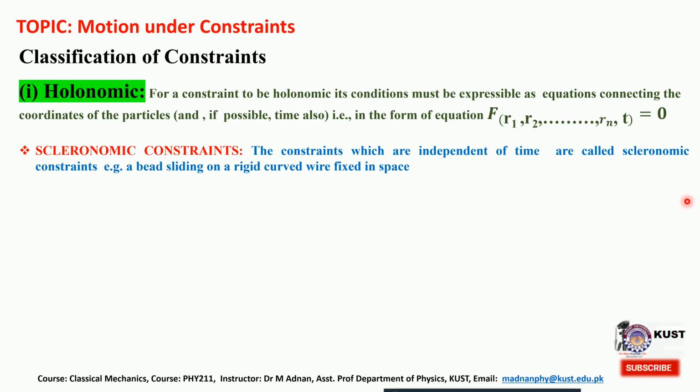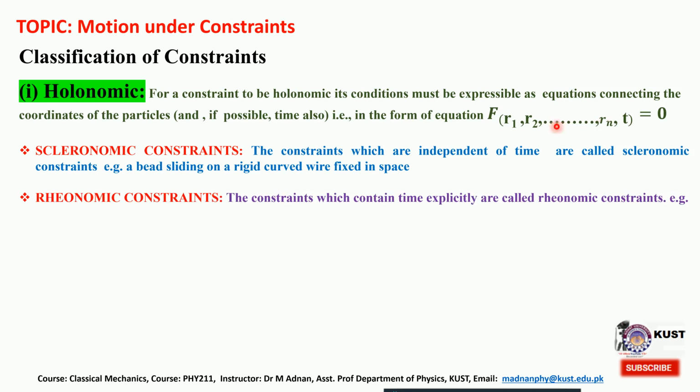Now, those constraints which can be expressed in the form of this equation but also depend upon time are rheonomic constraints. We'll also see the various mathematical forms of these constraints. For example, a bead sliding on a rigid curve while moving in some prescribed fashion.